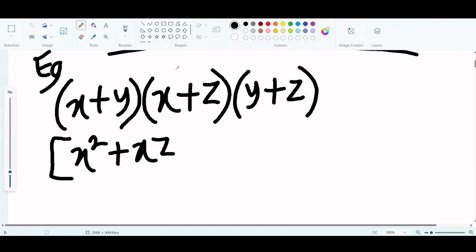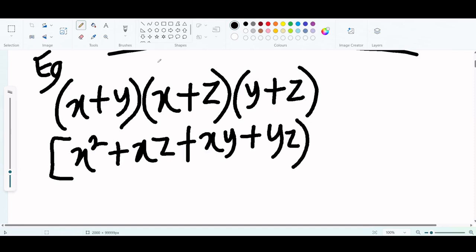Now y times x, that will be xy. Let's always arrange them alphabetically so that we can know what we're doing. So y times z is going to be yz. So we can just have it like that. Then times the bracket y plus z.